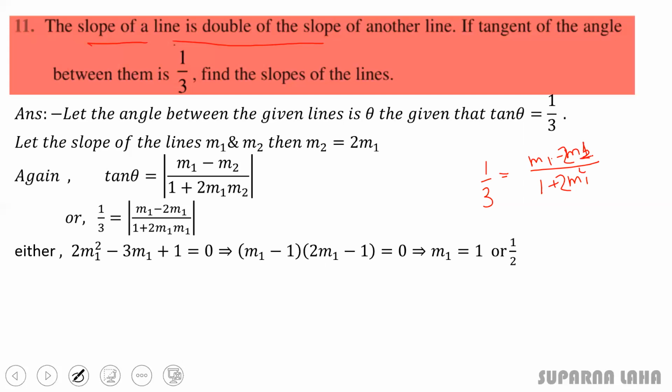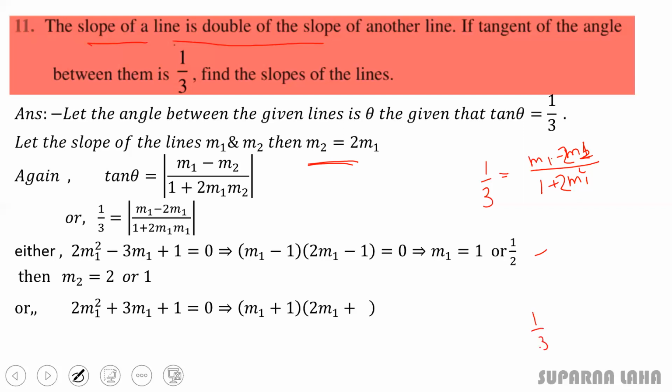If this condition happens and you simplify, you will find the value of m1 is 1 or half. If m1 is 1 or half, from this formula you can easily write m2 is 2 or 1. Okay, so this is the first case. The second case is when 1/3 equals minus of (m1 minus 2m1) by (1 plus 2m1 square).